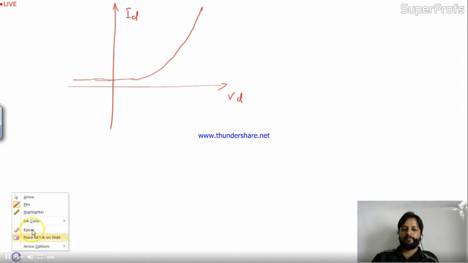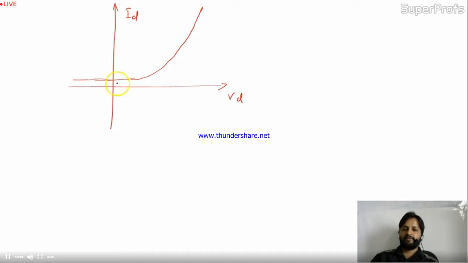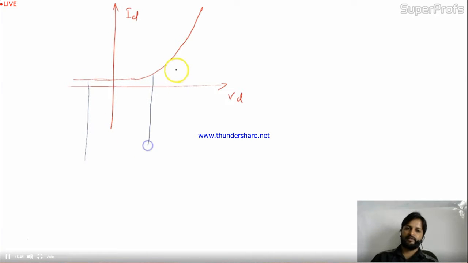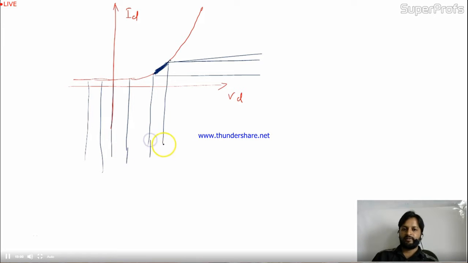Now you are applying some input and you are getting some output, but if you need some amplification, here I'm taking this region as the working region, the operating region. In this region only I'll get the output, and this is the region where I'll apply the input. So suppose I apply input over here like this.